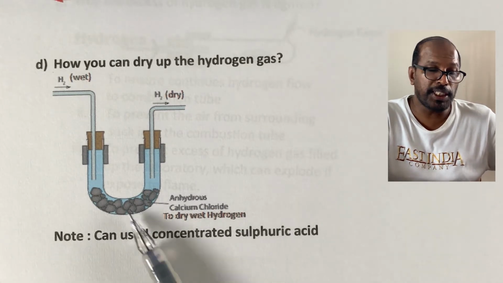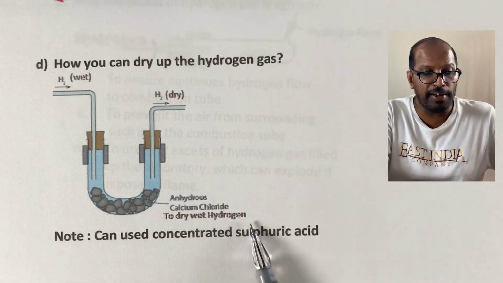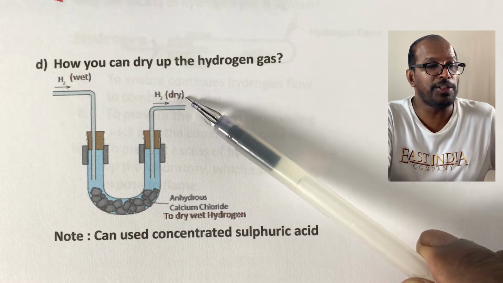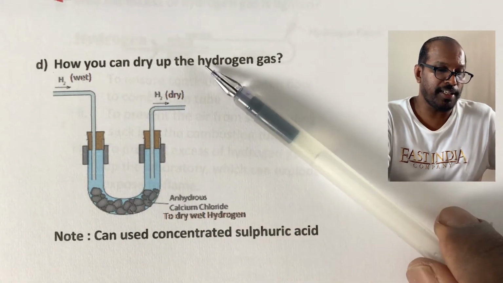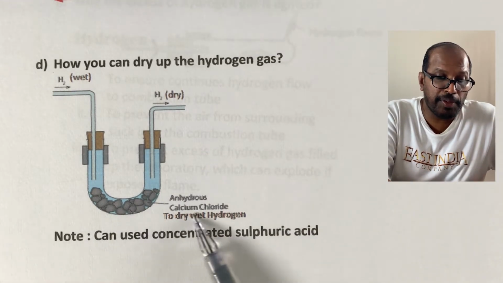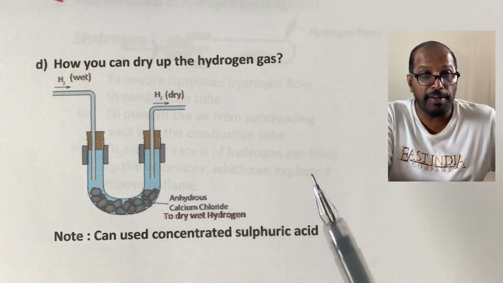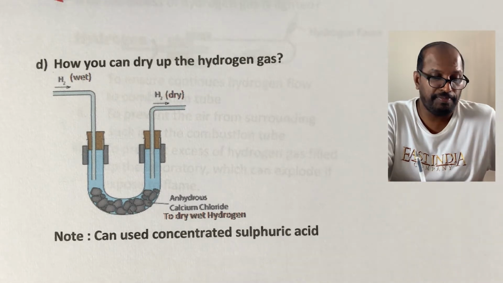It will absorb the water from the hydrogen gas, then it will dry the hydrogen gas and it will emit out on the other end of the U-tube. So you can use this method to dry the hydrogen gas. And sometimes in some questions, we don't use anhydrous calcium chloride. We can actually use concentrated sulfuric acid.